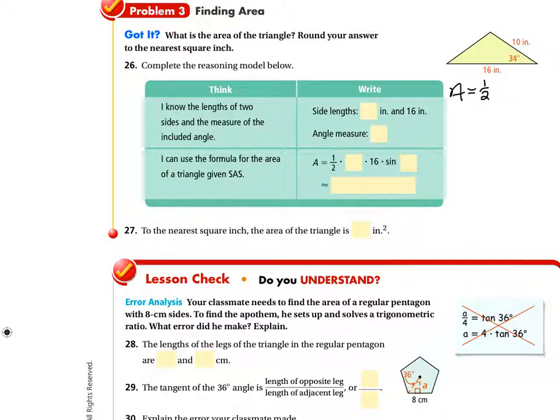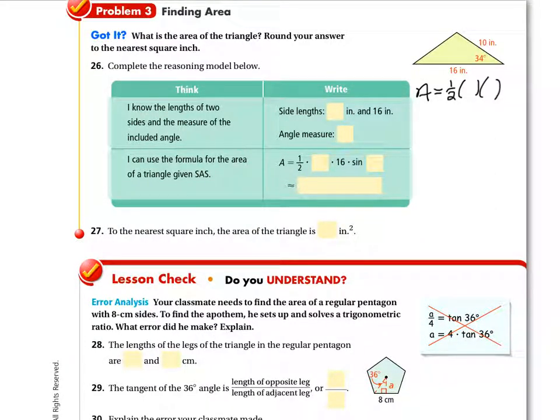Because I don't really have side lengths, I can't write my original formula, but I can do the 2 sides times the sine of something. So what are my 2 side lengths? We've got 16 inches and then 10 inches, right? And then I'm taking the sine of 34 degrees.